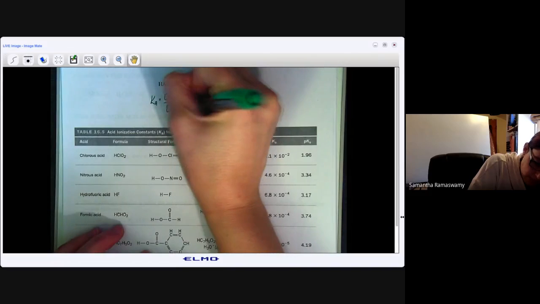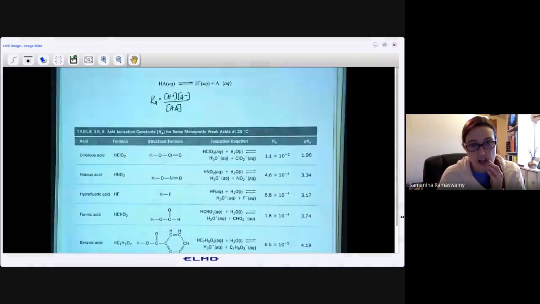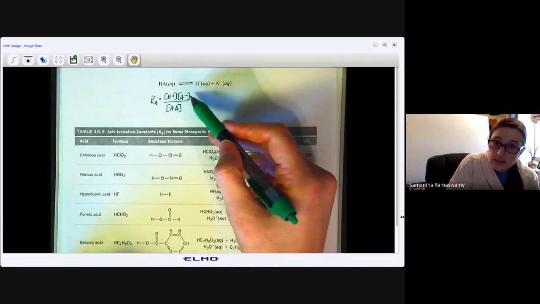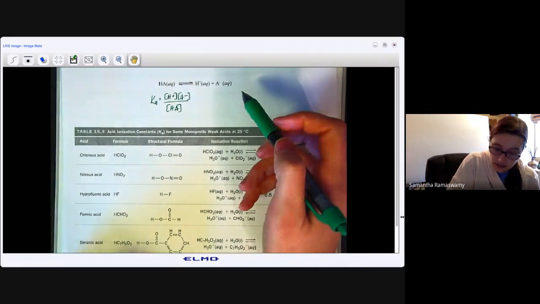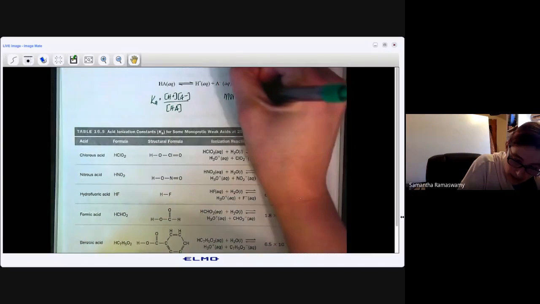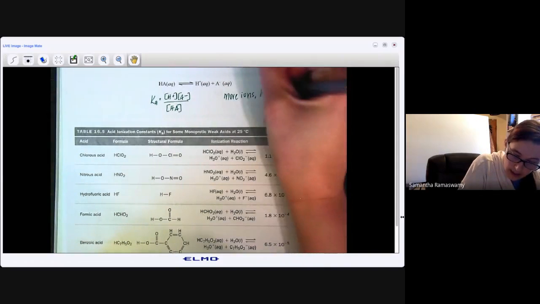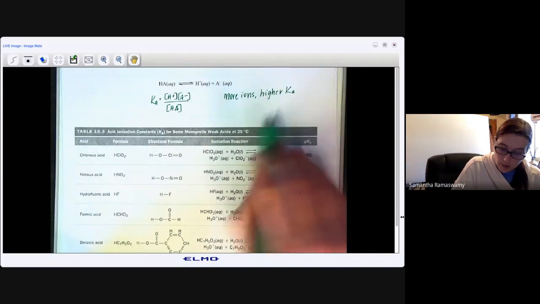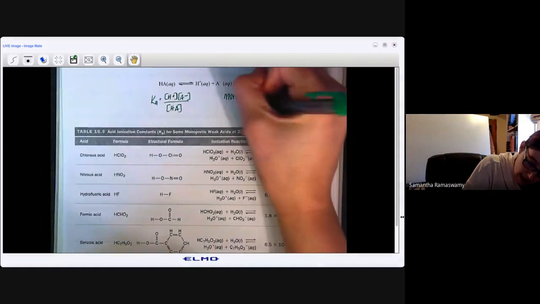There's our weak acid. So the more ions that we have, the higher our Ka value. The more ions, the higher the Ka. And so the more ions we have, the higher the Ka, the stronger the acid.